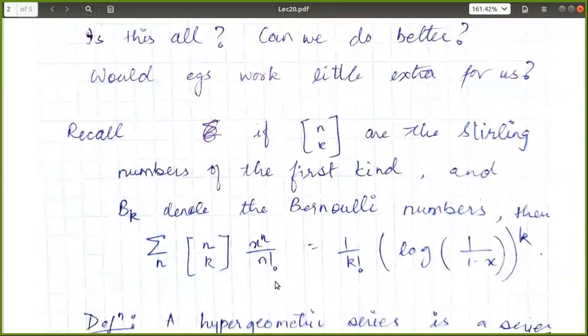Then there is an identity which you can try to prove. I will just list it here: if you do a summation over n of the Stirling numbers of the first kind n k times x^n over n factorial, it is equal to 1 over k factorial times log of 1 over 1 minus x, whole raised to k.